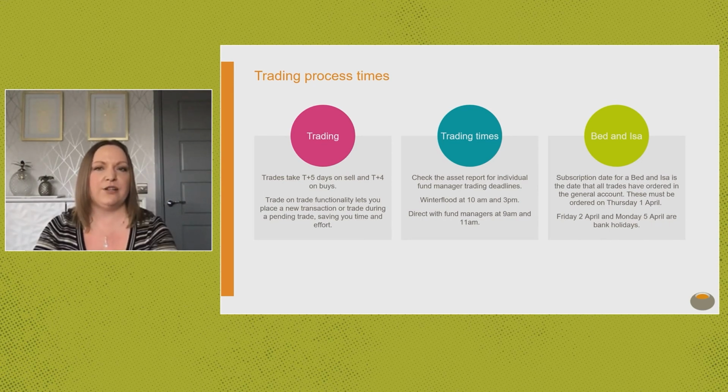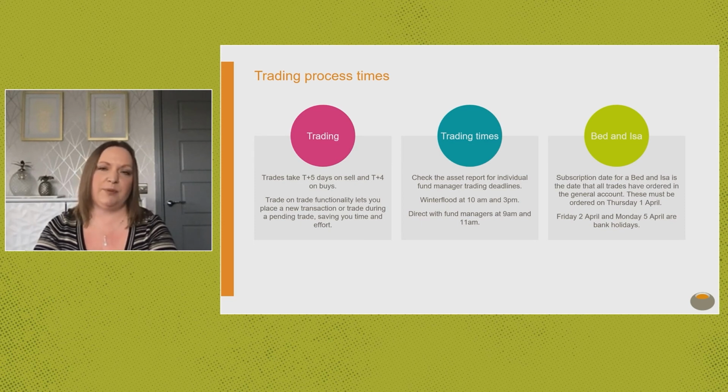This is when the trade order has been sent, but we're waiting for confirmation from the fund manager. Then there's awaiting settlement. This is when the price has been confirmed and we're waiting to receive the cash from the fund manager. Once the trade has been confirmed, the cash from the sale will appear in uncleared cash until the fund manager settles the deal with us, at which point it will move into available cash.